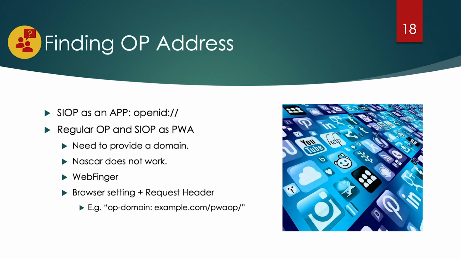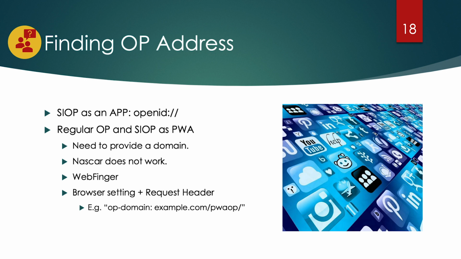And the most popular way right now for that is to use a NASCAR. But in case of self-sovereign identity, there are going to be too many of them, so it actually doesn't work. You could actually use WebFinger to do the IDP discovery, but it proved to be not so popular, right?